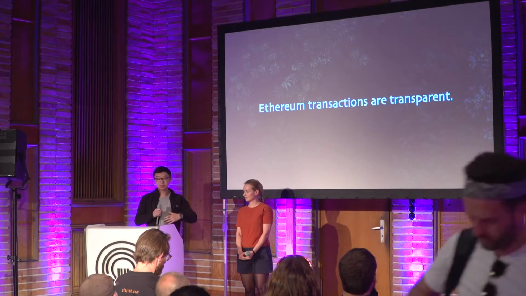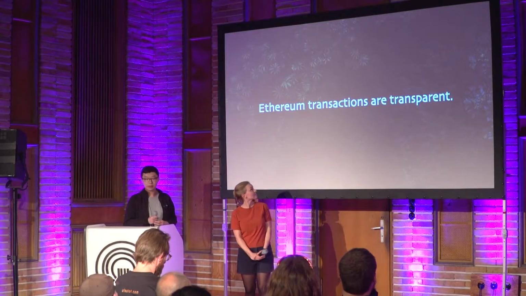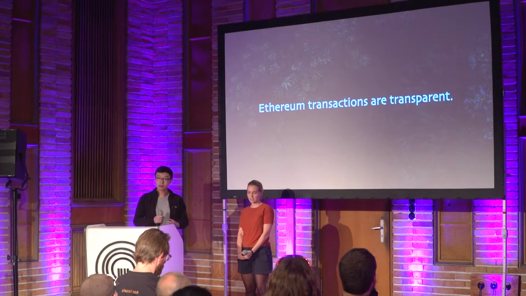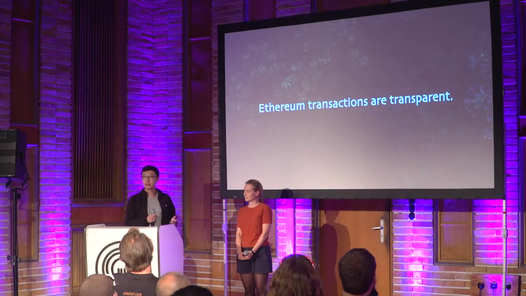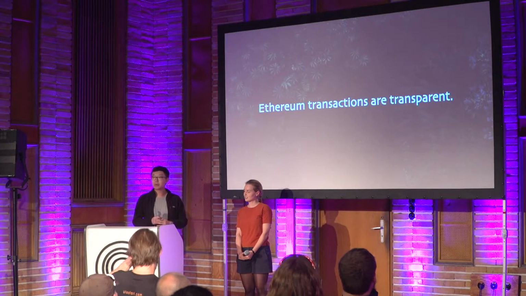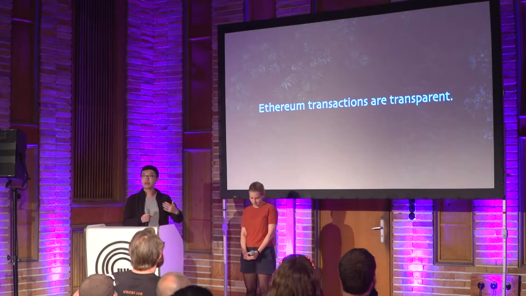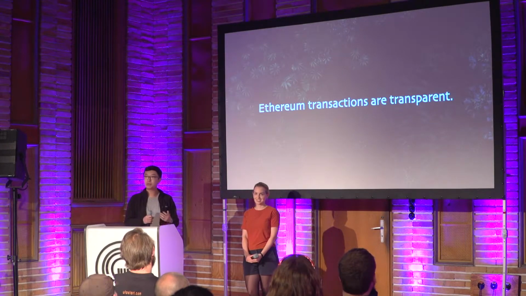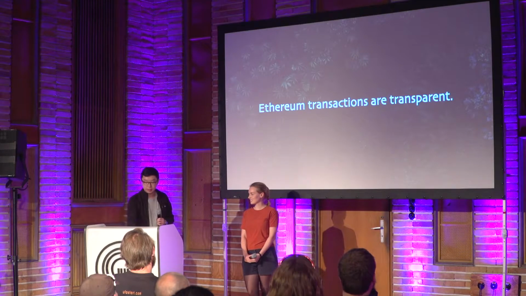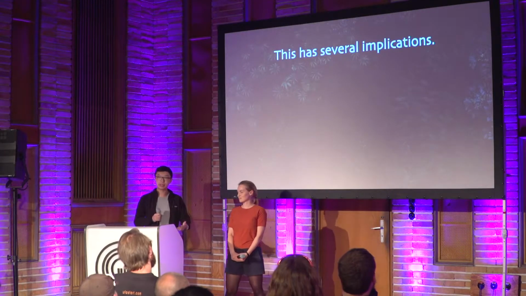So let's observe that Ethereum transactions are transparent. And what that means is that all payments and application activity here are public. By being publicly auditable and publicly verifiable, this is really one of its strengths, but it is also one of its principal weaknesses. And namely, it bears several implications.